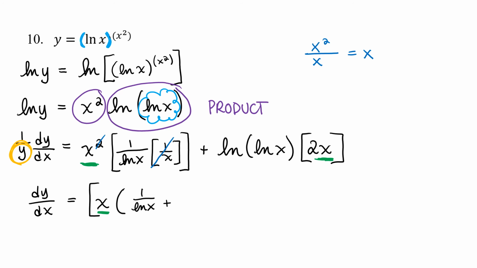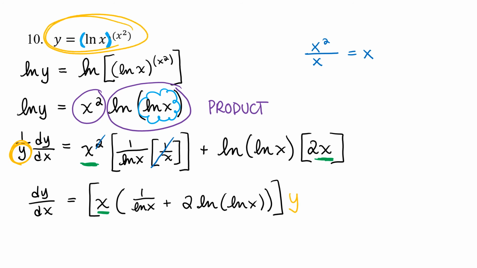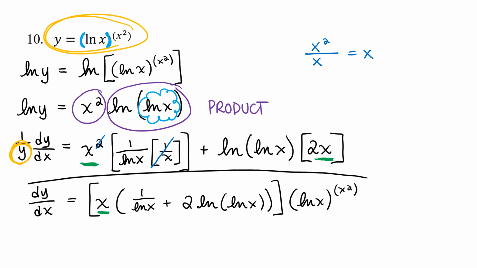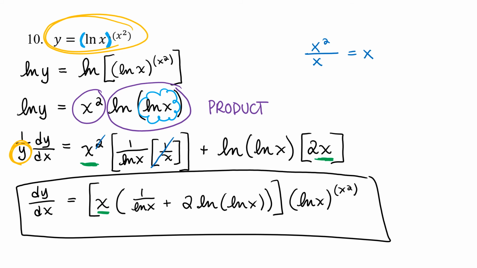Oops, lost my 2. 2 natural log of the natural log of x. And this is all times y, but I know what y is. y is a mess, not too much of a mess, but it is the natural log of x raised to the x squared power. And this is my derivative.